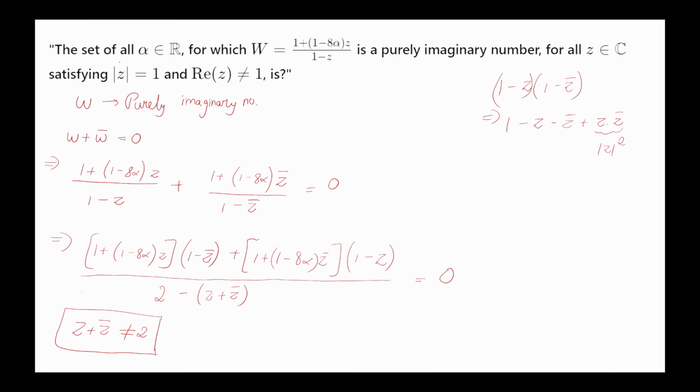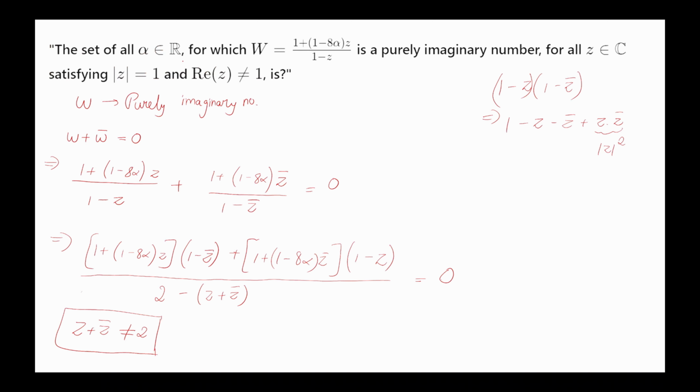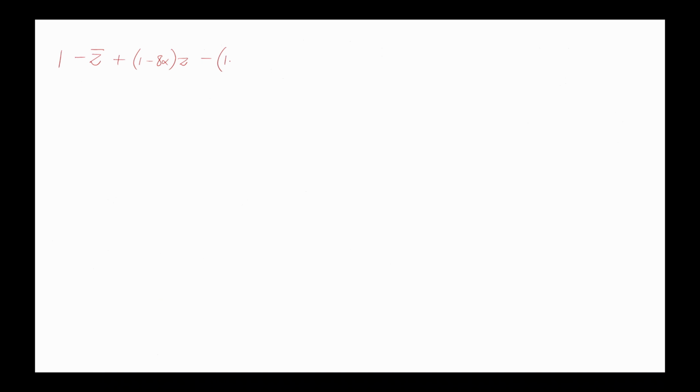What would I get? 1 minus z bar plus 1 minus 8 alpha into z minus 1 minus 8 alpha.